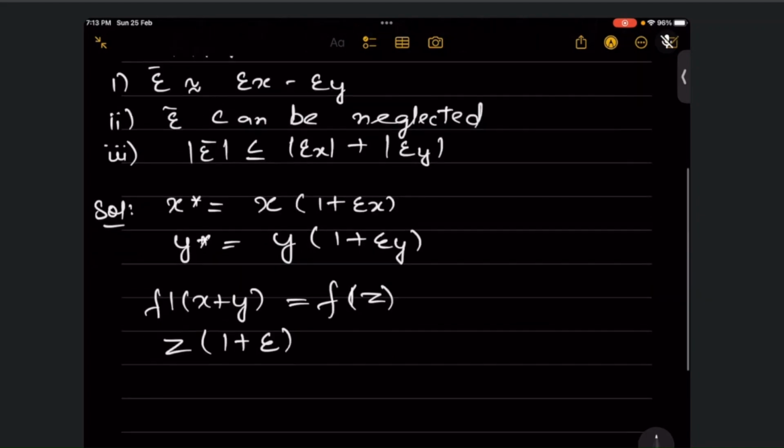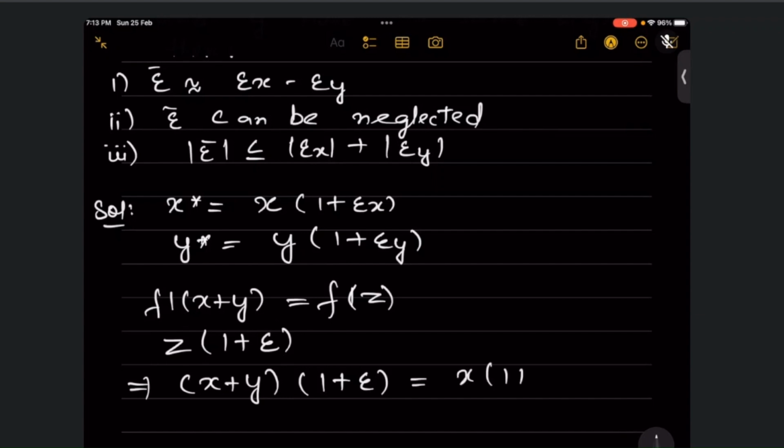And we know that z is equal to what? x plus y into some 1 plus epsilon. And if we individually calculate it, we know that it will be equal to x into 1 plus epsilon x, plus y into 1 plus epsilon y, correct?